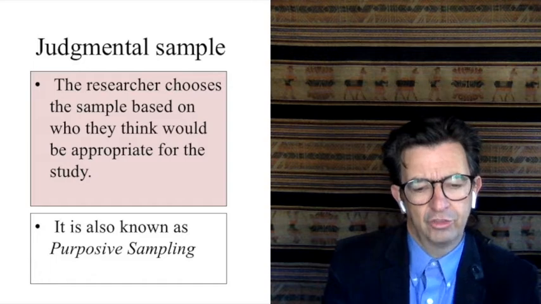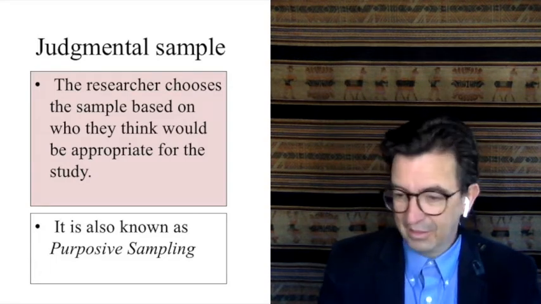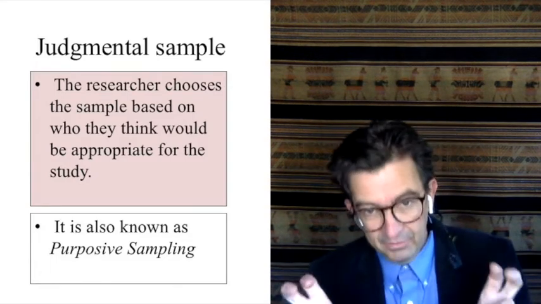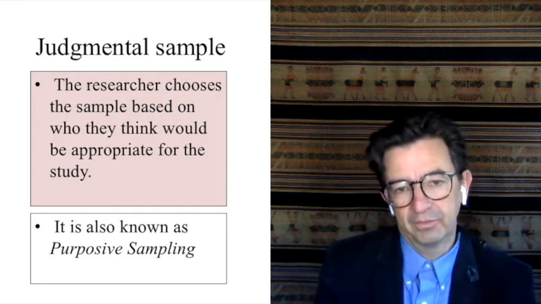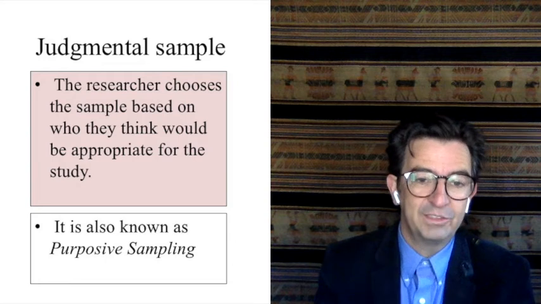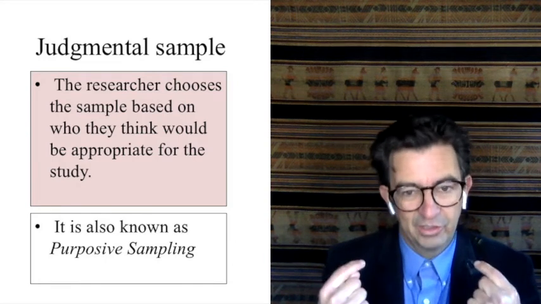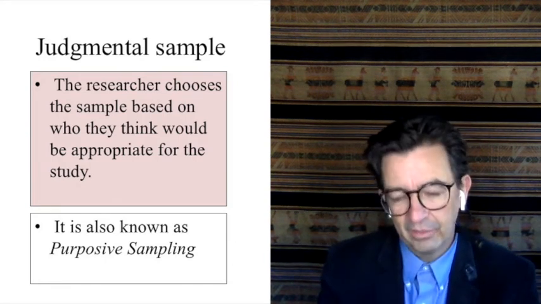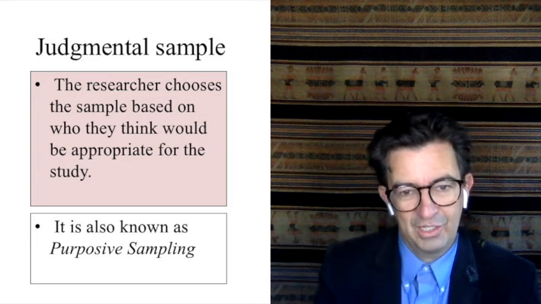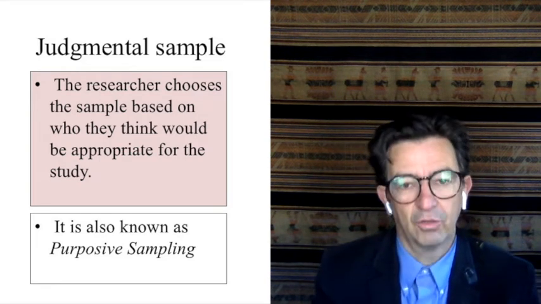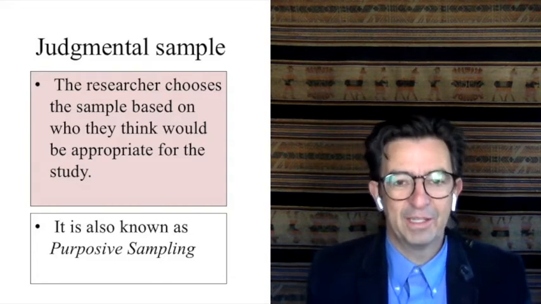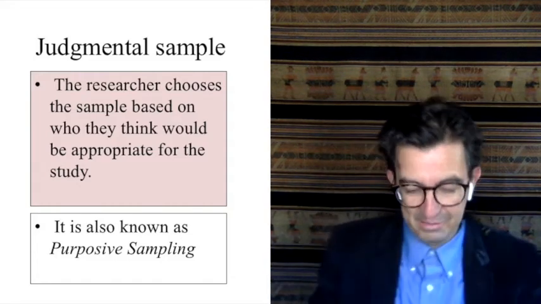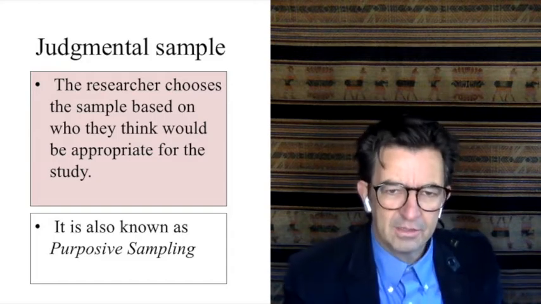And so the researcher considers these subjects to be representative of the population because of their experience or their knowledge. But of course, this is biased by the researcher himself or herself because they are making a judgment of who knows and who is representative of this population. So, of course, that is systematically excluding or including subjects, and that is a biased sample.